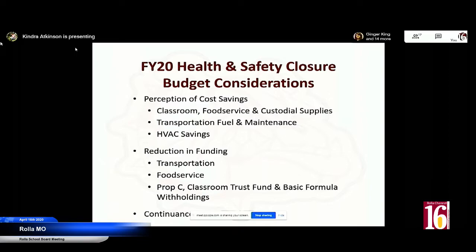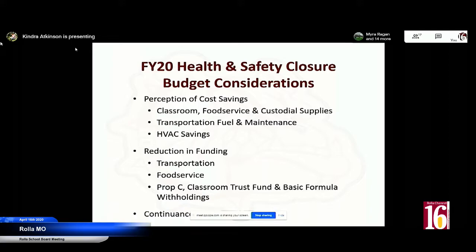But also on the flip side of it, we will likely have a reduction in funding for transportation and for food service. We're not serving as many meals, and we get reimbursed based on those. And in addition to that, our Prop C, which is that sales tax I was talking about earlier, likely is going to drop drastically in the next couple of months. Classroom Trust Fund, that funding comes from the casinos, which are currently closed.